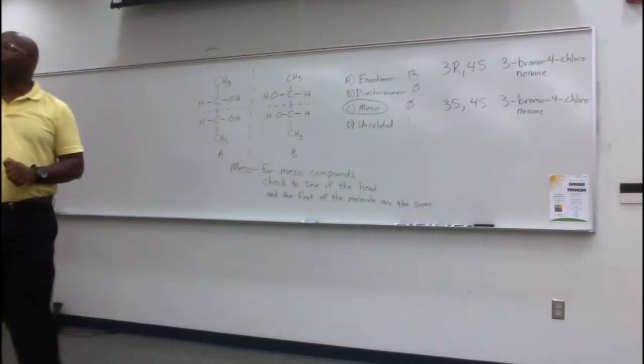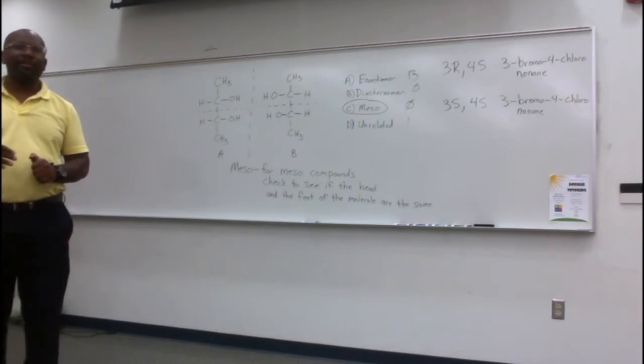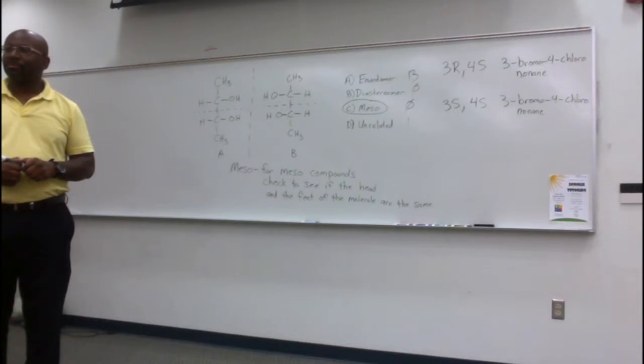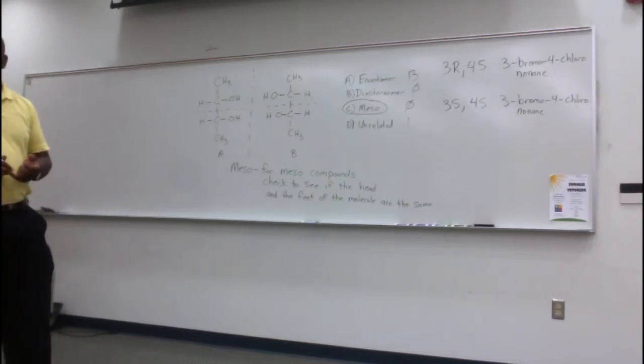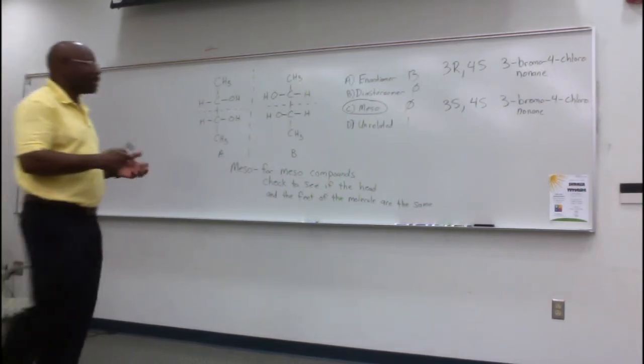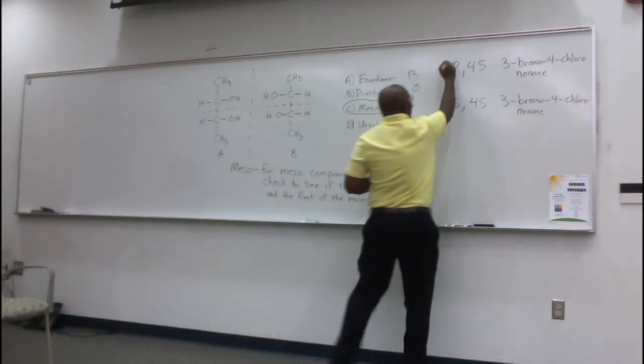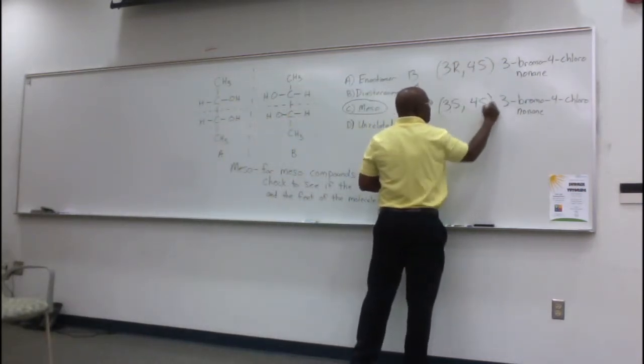Can we actually determine the relationship without doing the actual drawings? Let's do the drawings. You have to do the drawings. Without doing the drawings, what do you need to focus on? The 3R and the 4S, and the 3S and the 4S.